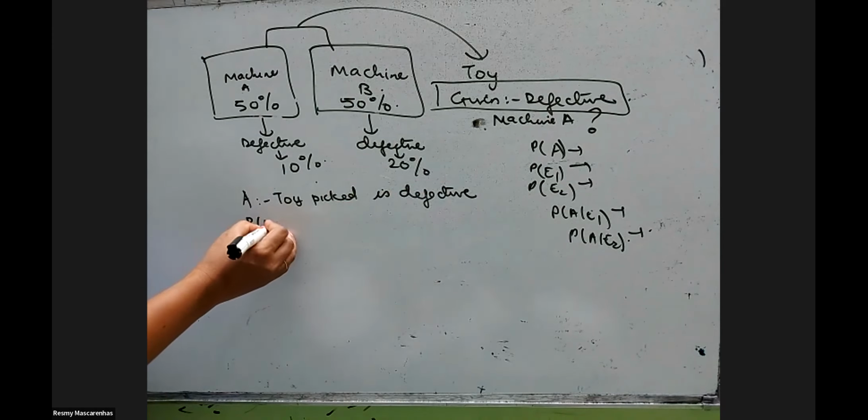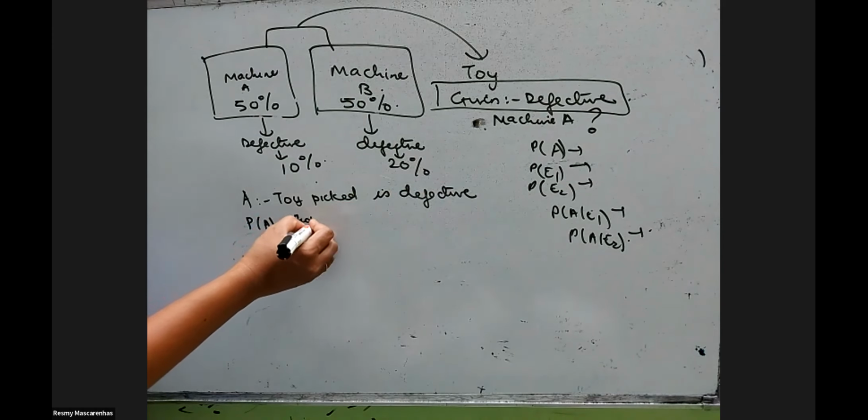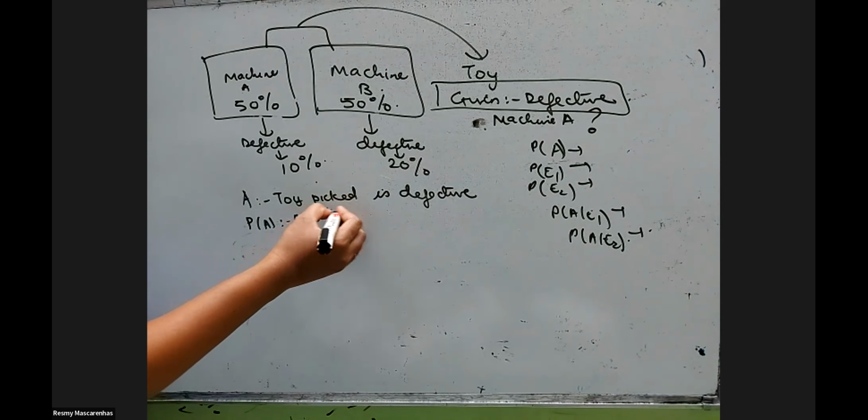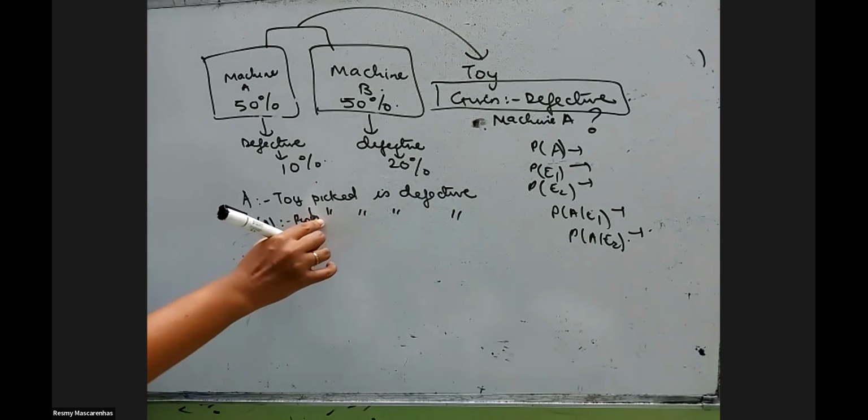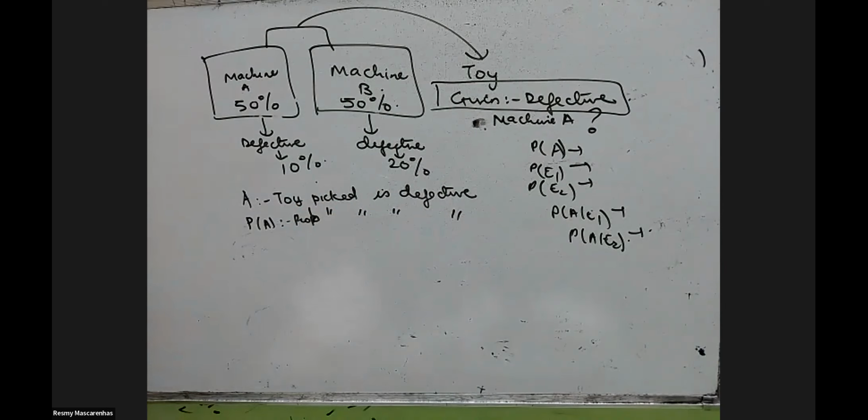What is P of A? Probability that a toy picked is defective. Next we have to find P of E1. So what is E1? E1 will definitely be machine 1.